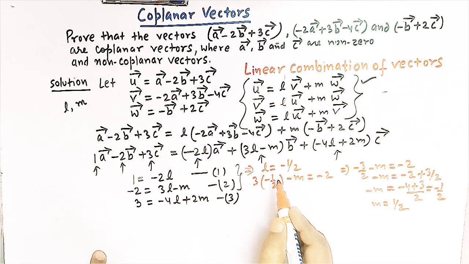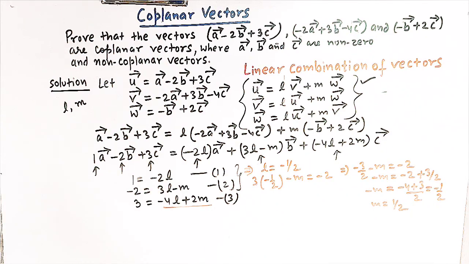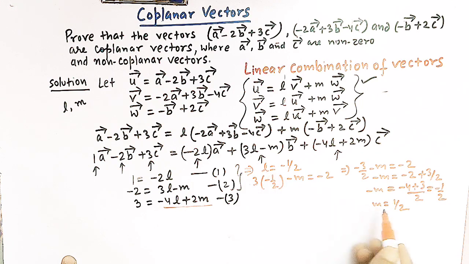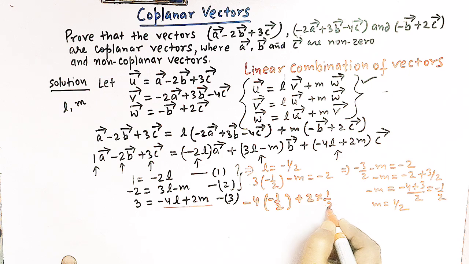Now let us check whether these two values satisfy equation 3. If these values satisfy equation 3, then the three vectors are said to be coplanar vectors. So now substituting the values of L and M in this equation, we have now 4 times minus half, and here we have 2 times 1 over 2.